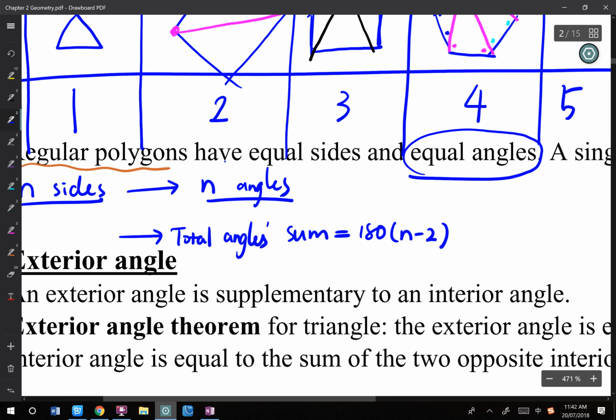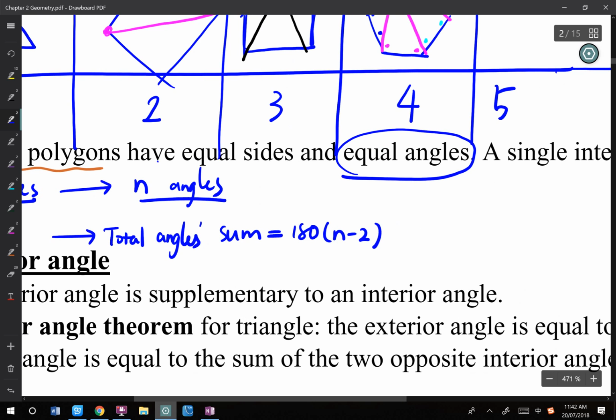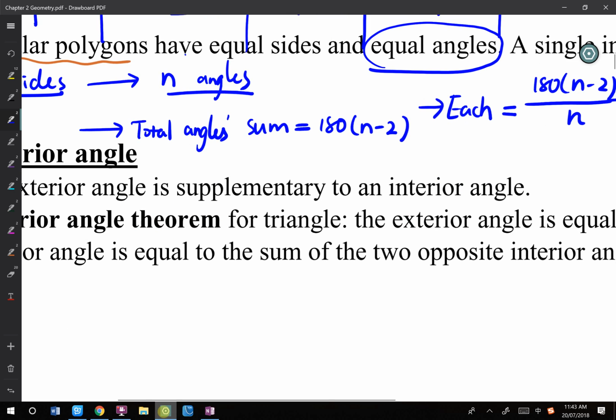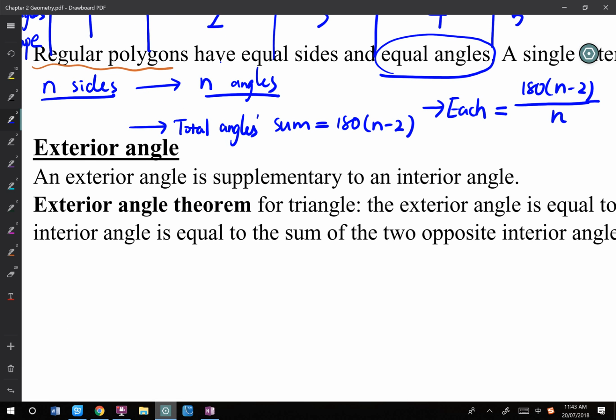That's the total angle sum. So each angle equals 180 times n minus 2 over n. Because it's a regular shape, it must be regular. If it's not regular, you can't use this formula. But if it's regular, then I use the total angle sum divided by how many angles we have, and that will give you each angle. Each angle equals the total divided by how many angles you have.